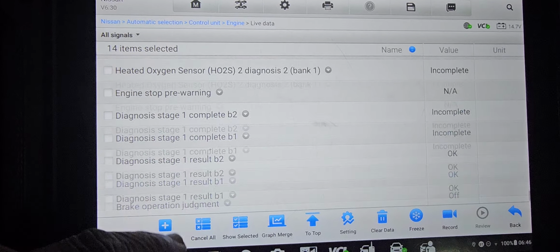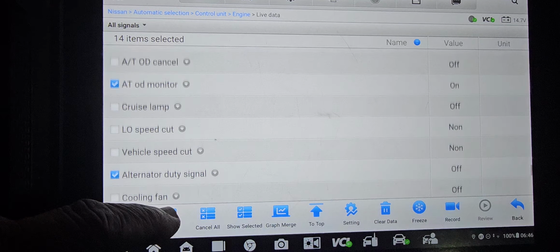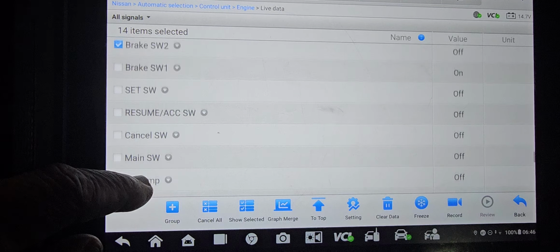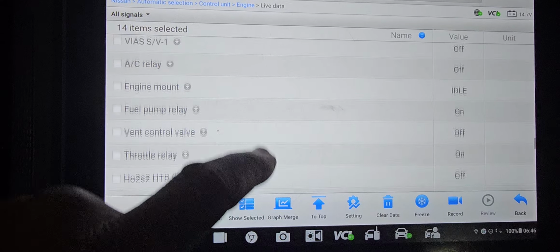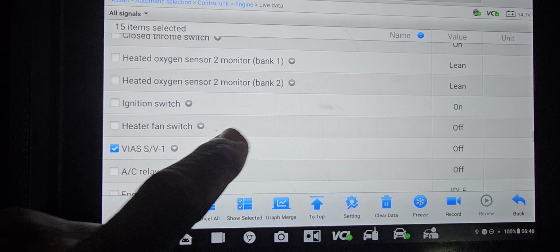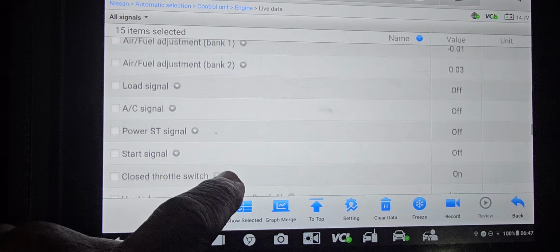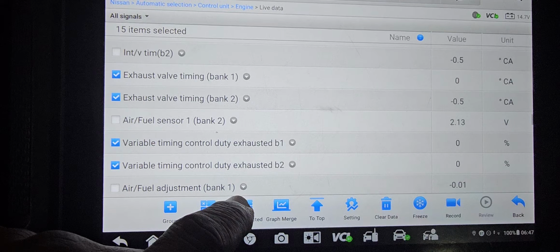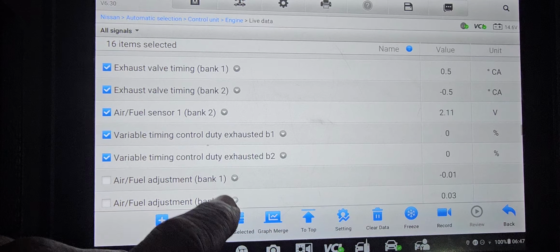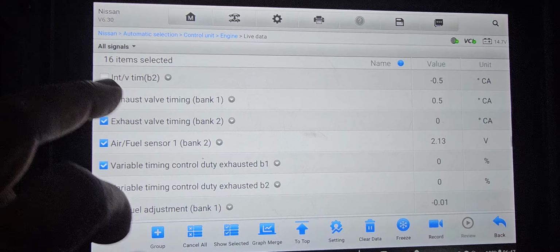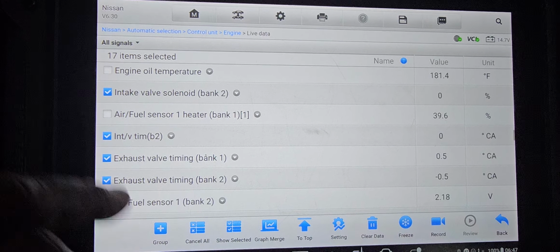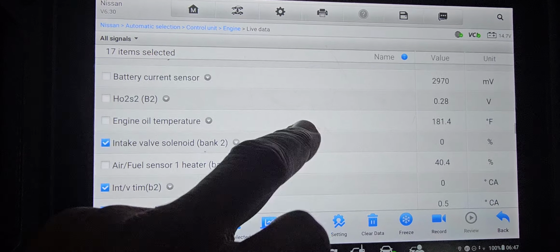I don't see anything there. Air fuel ratio, intake timing bank, intake timing valve solenoid, intake time. I need the intake time. Where's the other one?